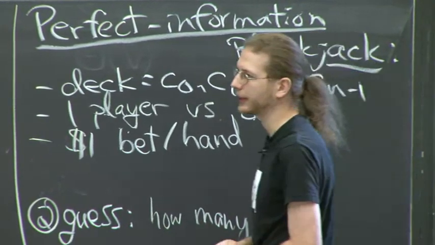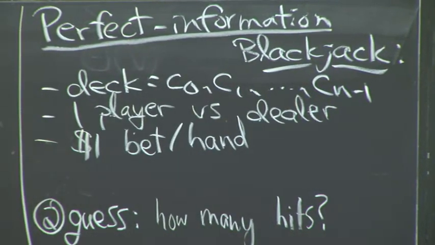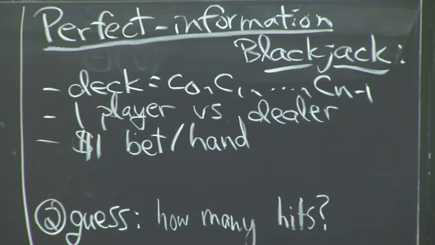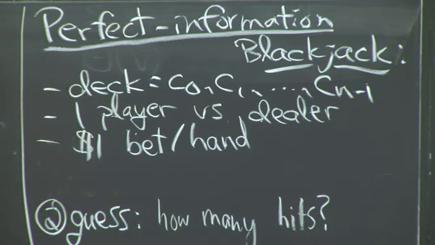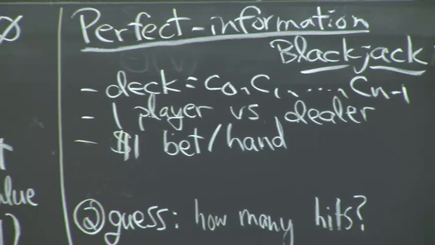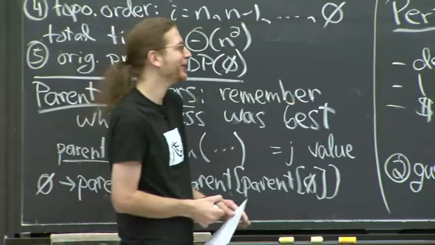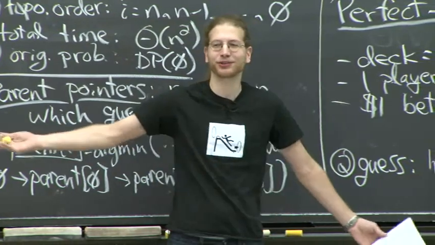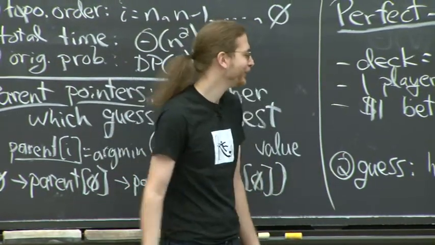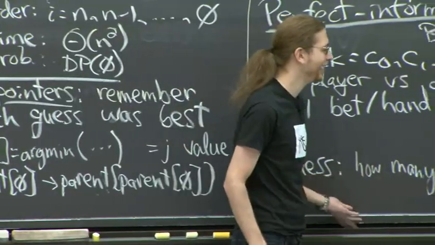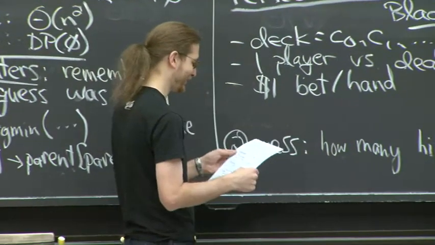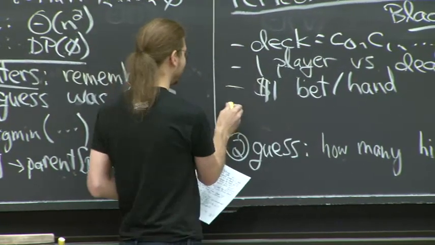In the first play, initially, 4 cards are dealt. I'm just going to guess ahead of time. I think I'll hit 5 times this time. I think I'll hit 0 times this time. I'm just going to try them all. So I don't really have to be intelligent here. It's kind of crazy, but it works.